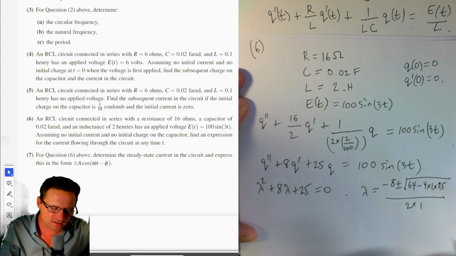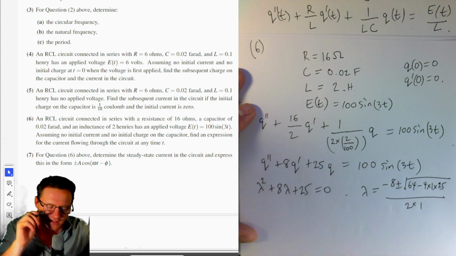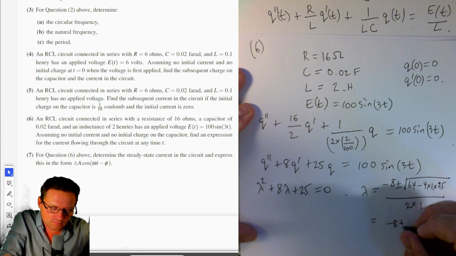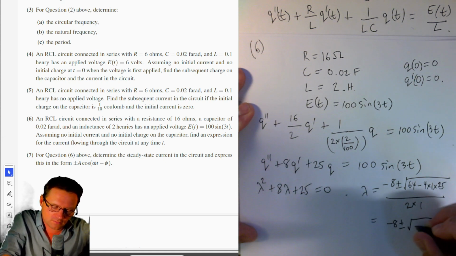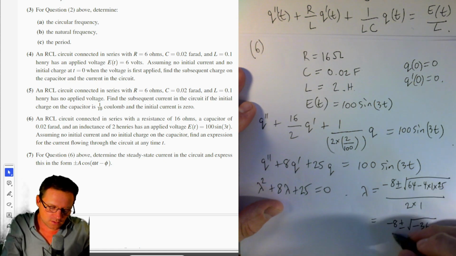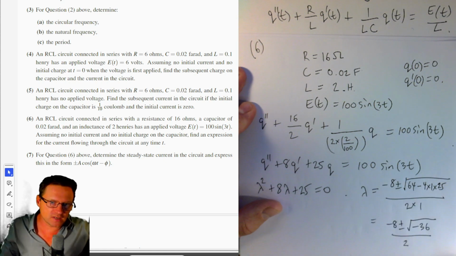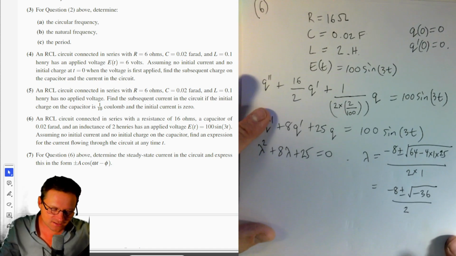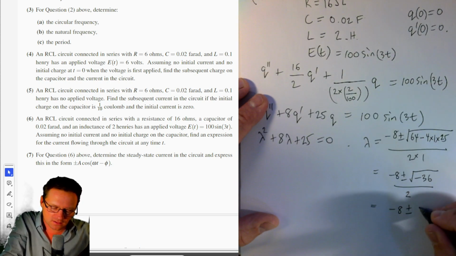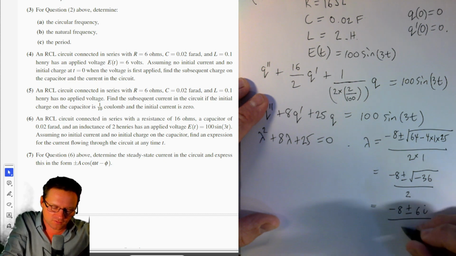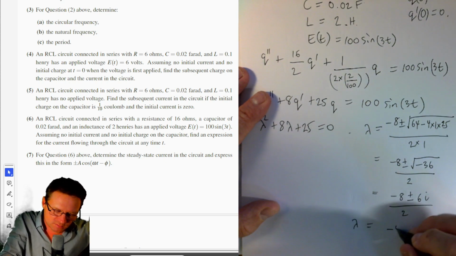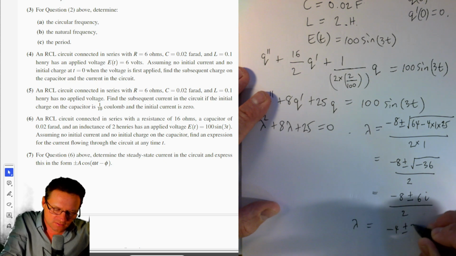Okay, let's simplify this. So 64 minus 100 is minus 36. And so that's all over 2. Now the square root of 36 is 6. So we have minus 8 plus or minus 6i over 2, which gives us lambda is minus 4 plus or minus 3i.